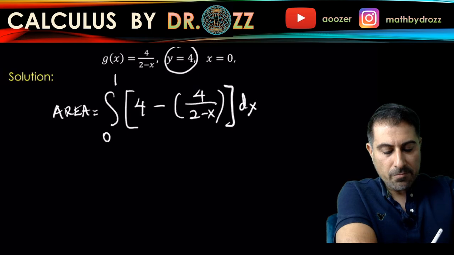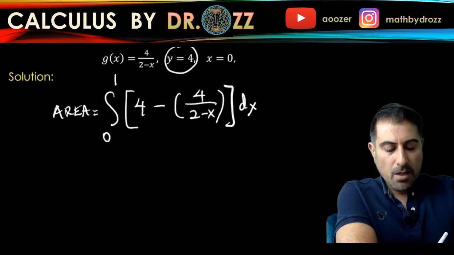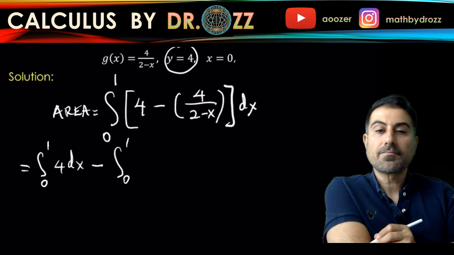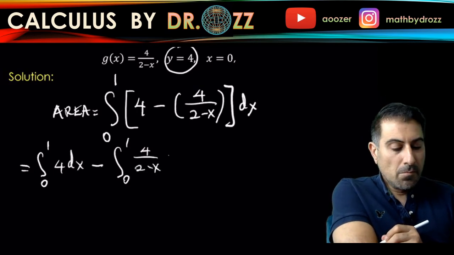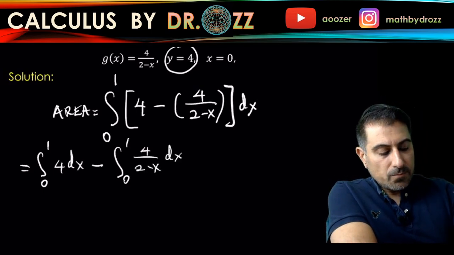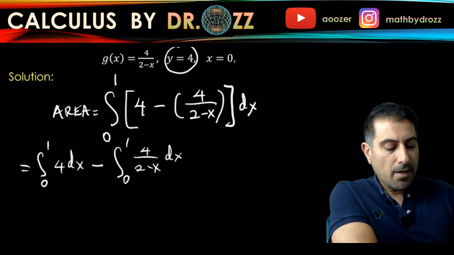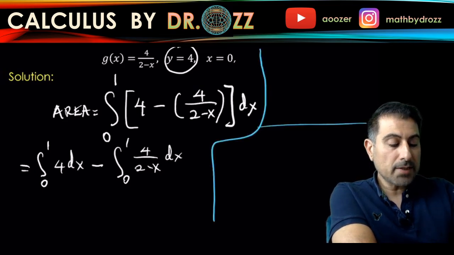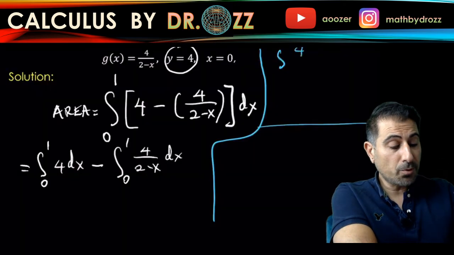Because we have the integral from 0 to 1, 4 dx minus the integral from 0 to 1, 4 over 2 minus x dx. Okay? And go ahead and do the indefinite integral for this one right here for the second integral. So 4 over 2 minus x is a good u substitution problem for you to work on.